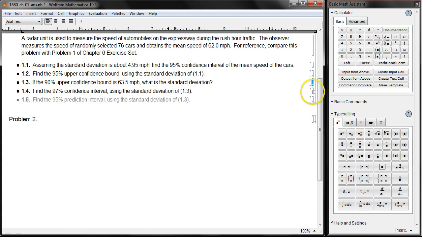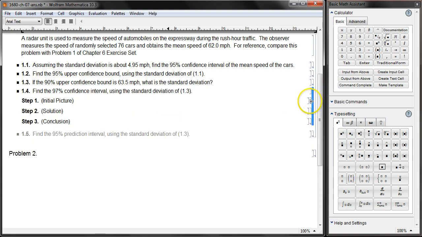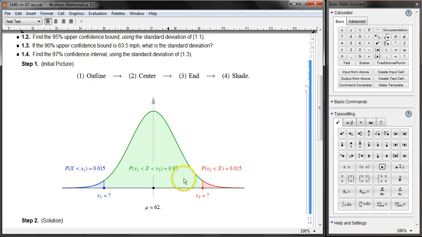So we're going to use 10.2. Here is the initial picture. We are looking for a 97% confidence interval. So 3% is shared between the blue left-hand side and the red right-hand side. So 1.5% here, 1.5% there, 97% in the middle. And we're looking for this x1 and this x2.